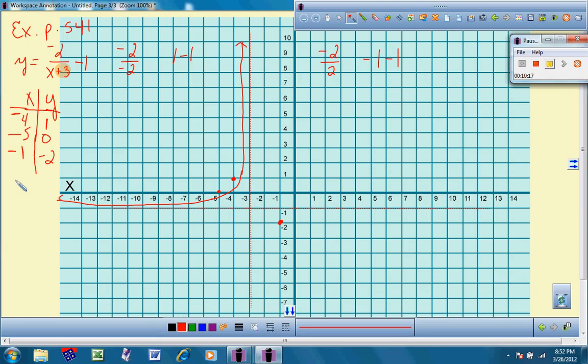The next value I'm going to attempt to work with is going to be negative 2. So I'm going to plug in negative 2 for x.